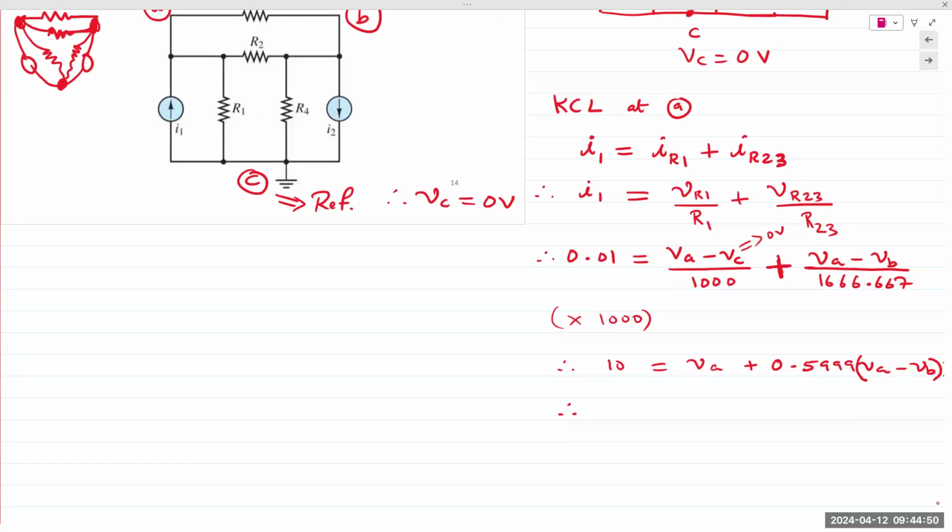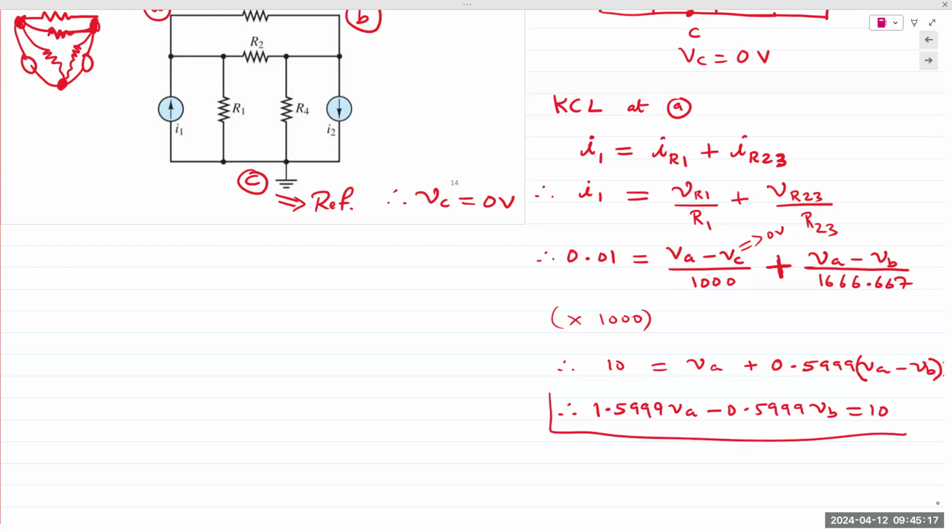My unknown variables are VA and VB. So I want the equation in this form. 0.599. No, actually 1.599 VA minus 0.5999 VB is equal to 10.